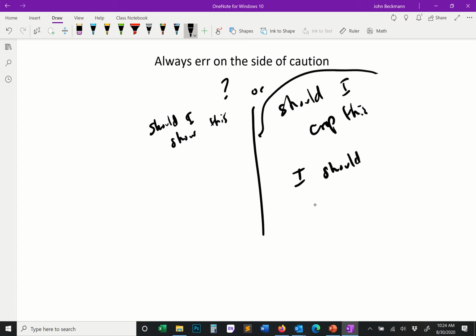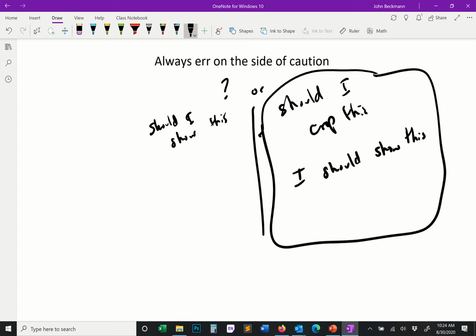You always err on that side. This is the safe side. You can never get in trouble for showing everything that the data shows. You can never get in trouble for that. Okay. That's the best strategy. So always err on the side of caution with respect to omissions.